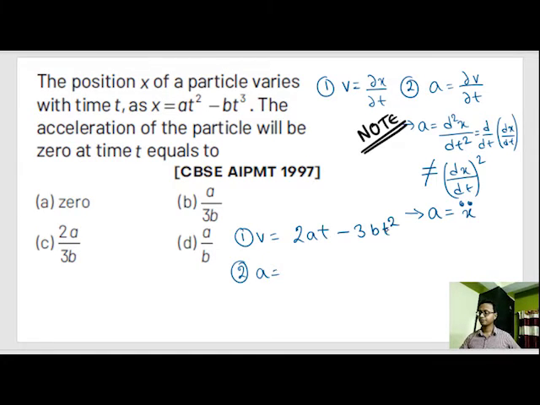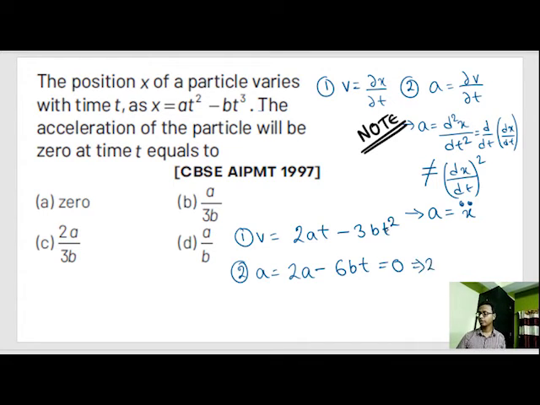Which is 2a minus 6bt. Okay, so the question says the acceleration of the particle will be 0. That means a is equals to 0, find out the time t.